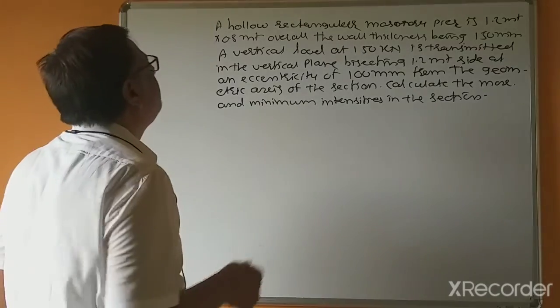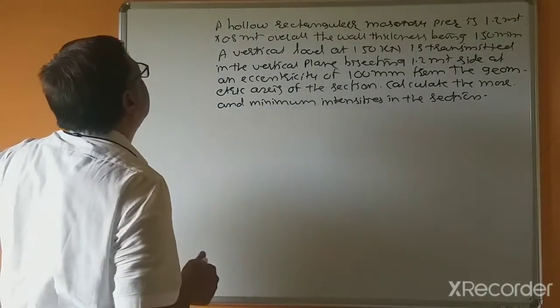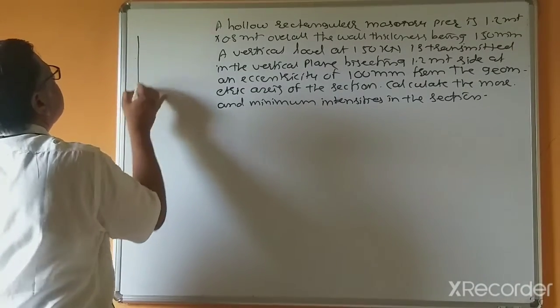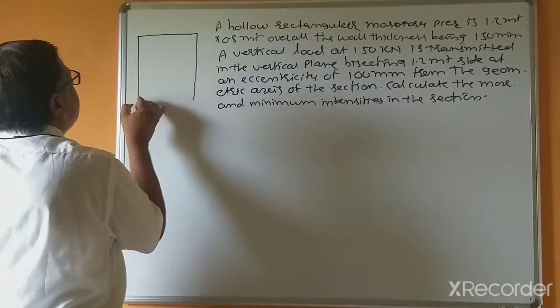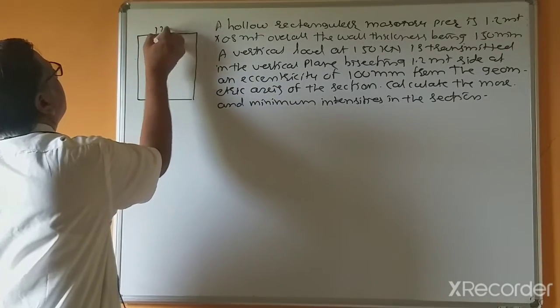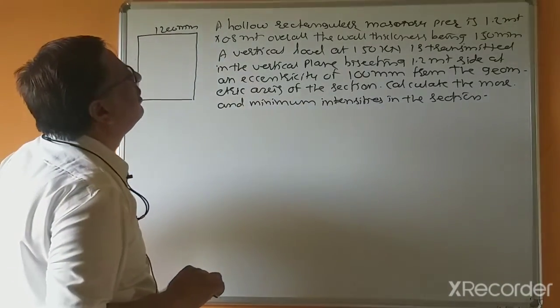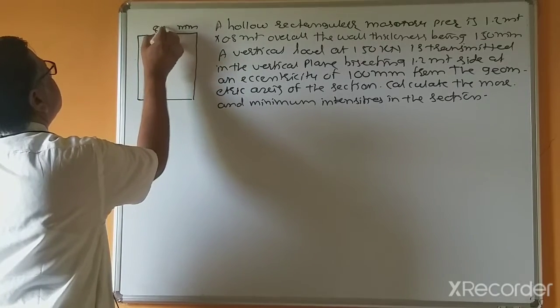So actually this problem is from a question paper. A hollow rectangular imaginary pier is 1.2 meters, suppose this is 1200 mm.